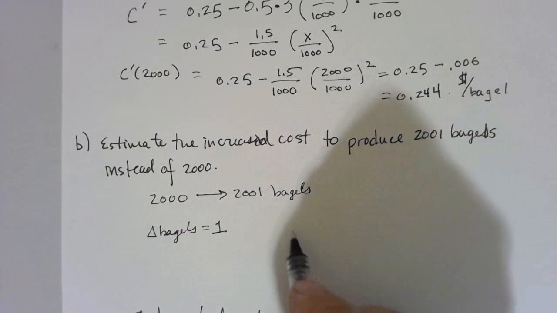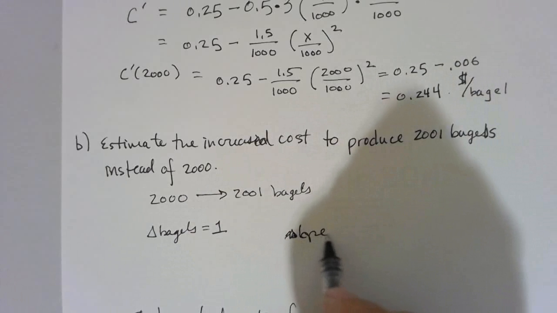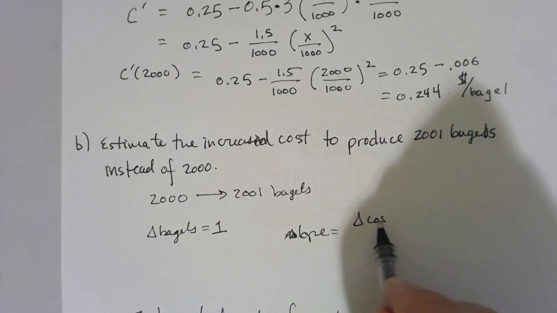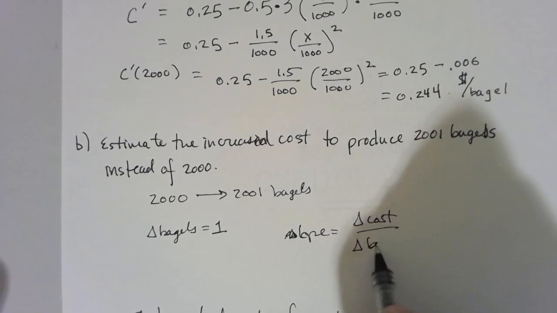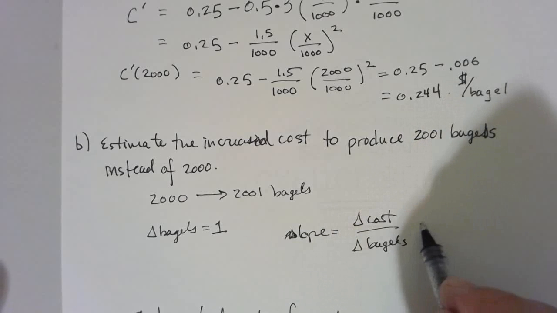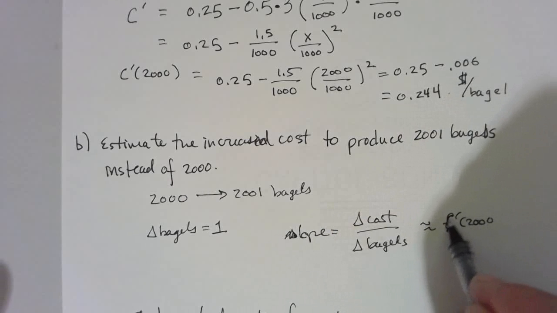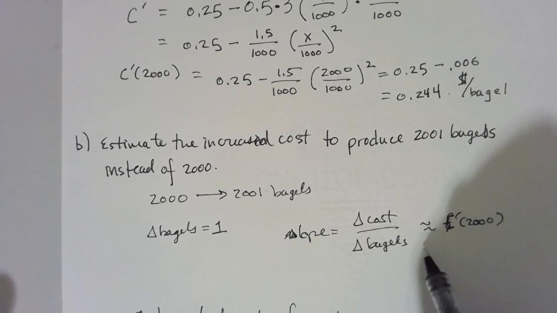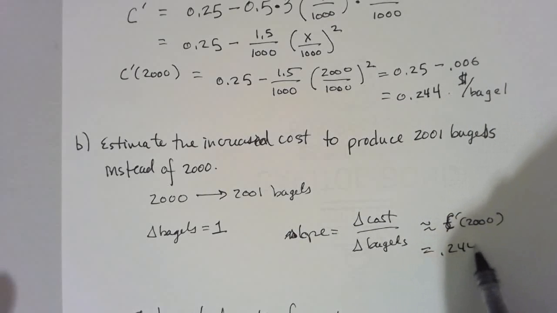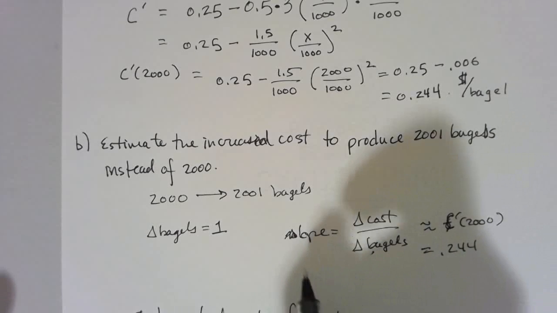And remember that the slope here is a change in cost over change in bagels, and that's approximately the derivative, which we got as 0.244.